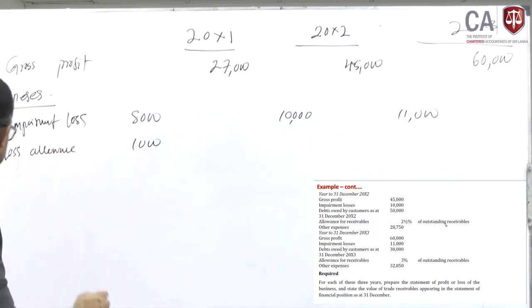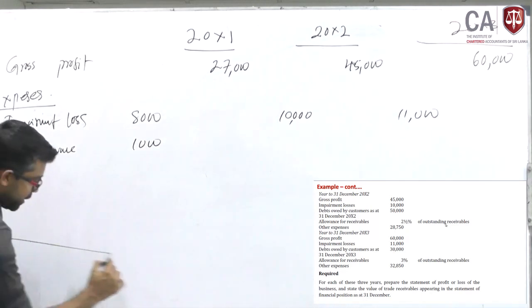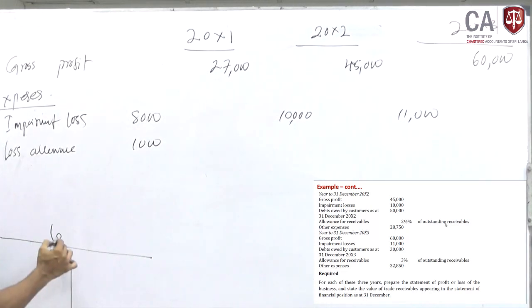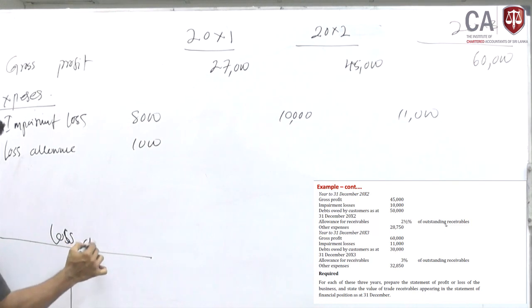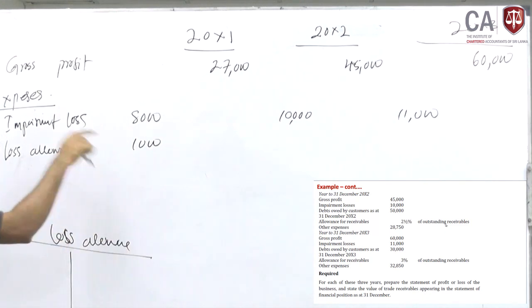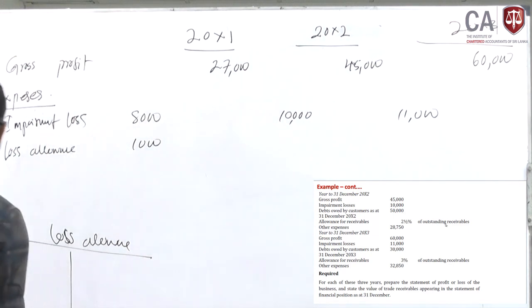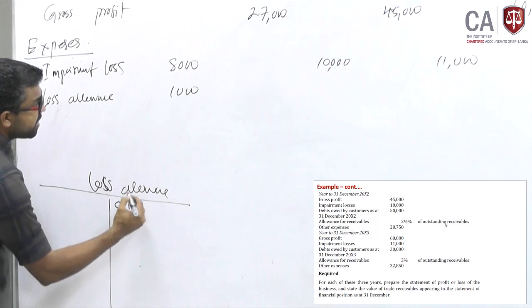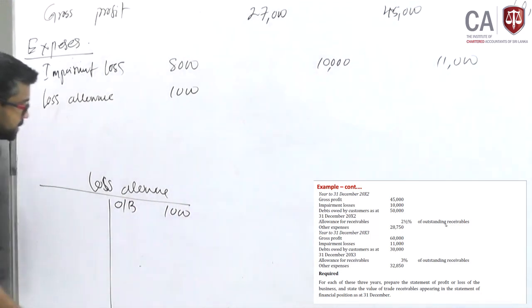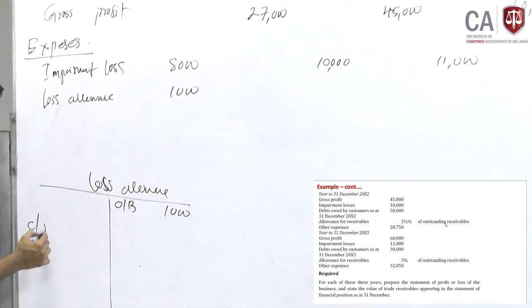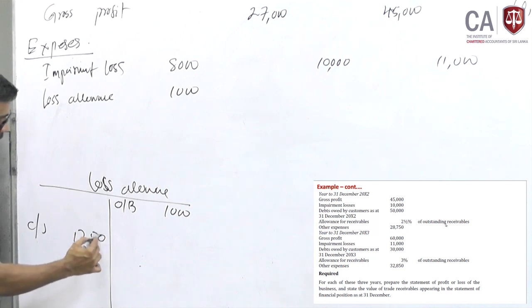Understand, right? Loss allowance is not a P&L account, it is a balance sheet account. First year you charge the entire amount to P&L, correct? But let us say you have an opening balance of 1,000 and a closing balance of 1,250 now.